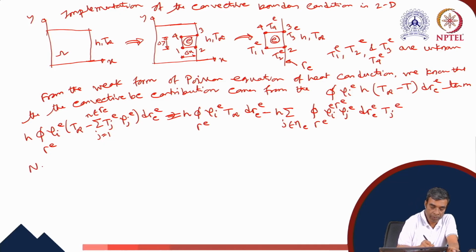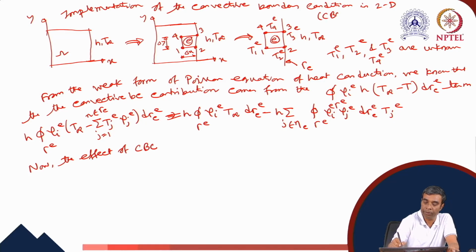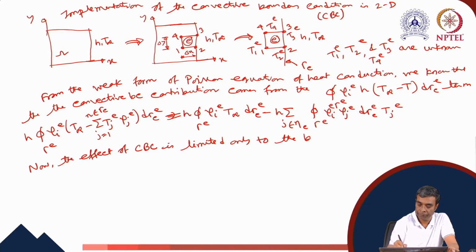Now the effect of CBC, or convective boundary condition, is limited only to the boundary nodes.